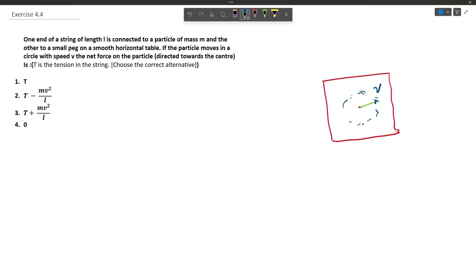Now we all know that when a particle moves at constant speed in a circle, it is known as uniform circular motion, and in this case there is a force acting towards the center of the motion, known as the centripetal force, and that is given by mv square divided by r.